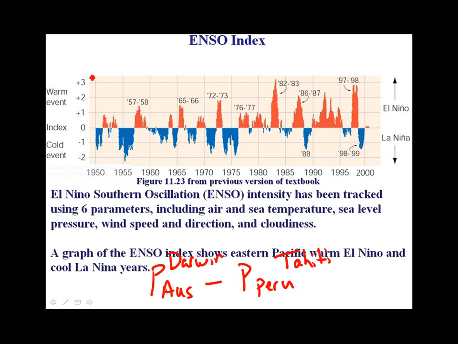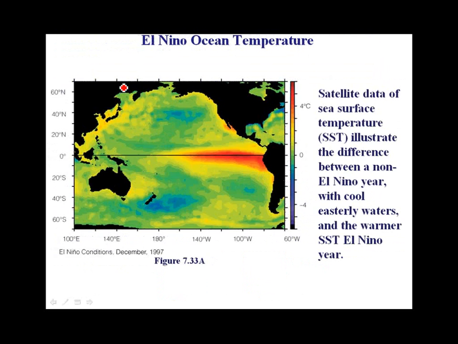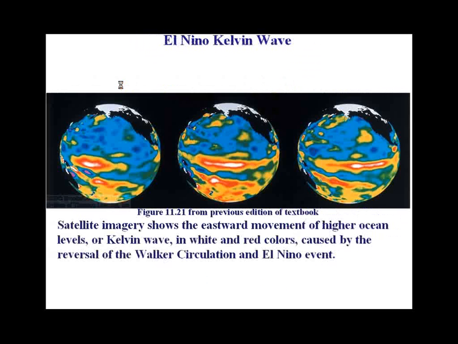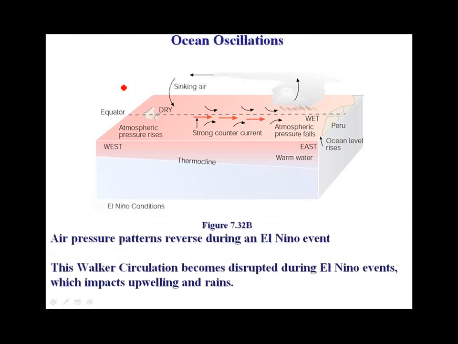If this difference is more than 3 millibars, again this is in terms of millibars, this is considered a very strong El Nino event. And if we think about this a second, let's just back up here. You remember I tell you, don't ever memorize anything. You can figure out anything if you understand the concept. So during an El Nino, we have higher than normal pressure over Darwin, Australia.